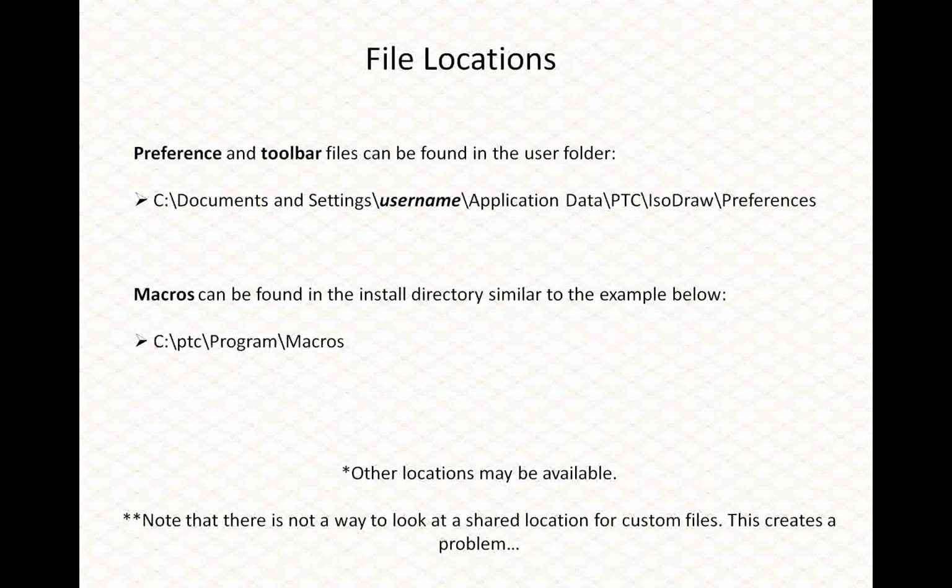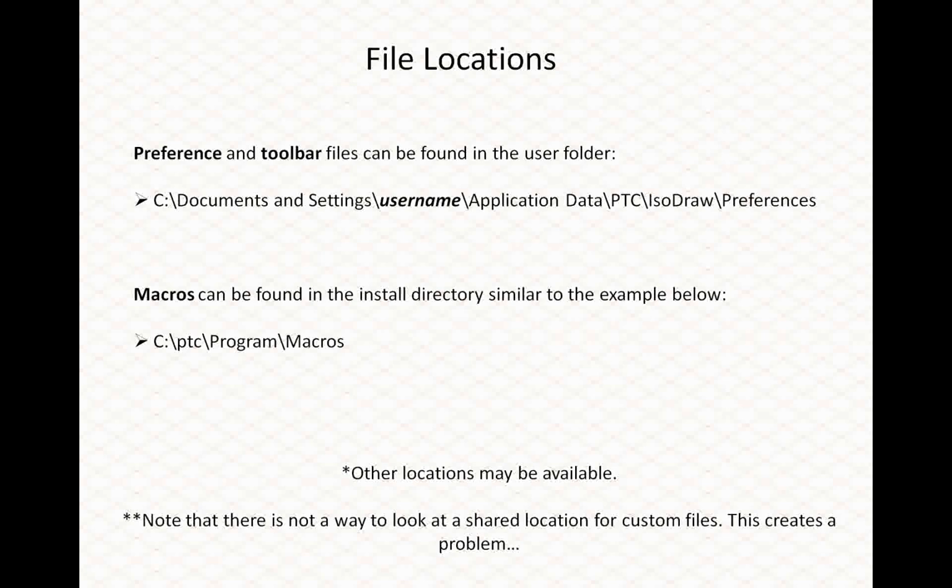in regards to file locations, I'll start off by saying that I realize each of these file types can actually be in two different locations. These are the ones that we've found have worked the best for us. For our preference and toolbar files, it's basically by user.